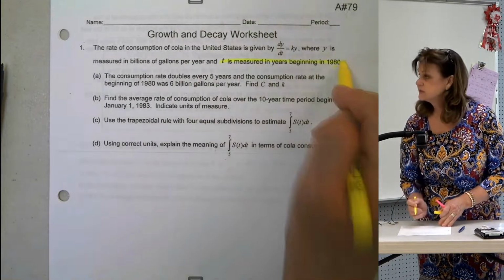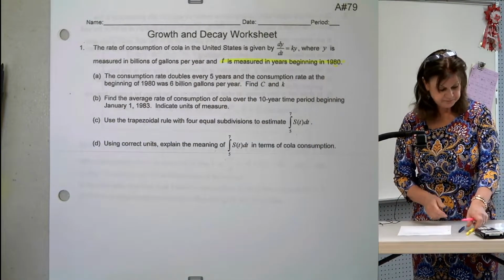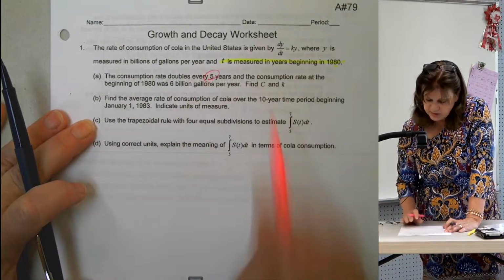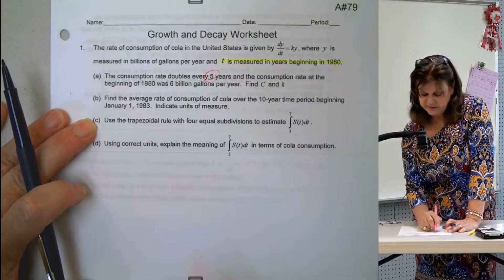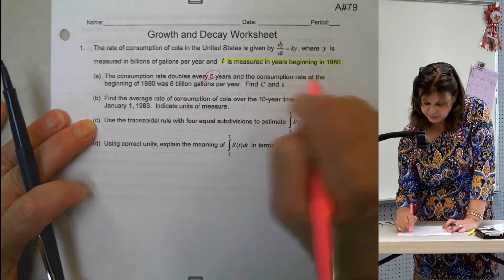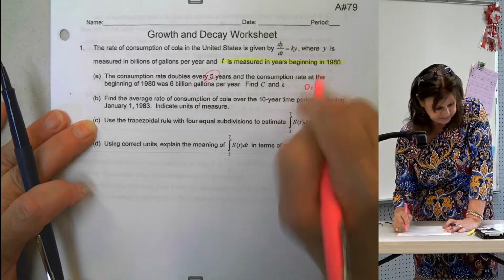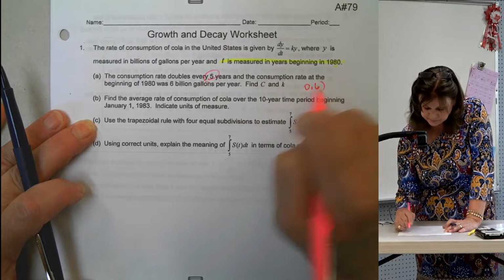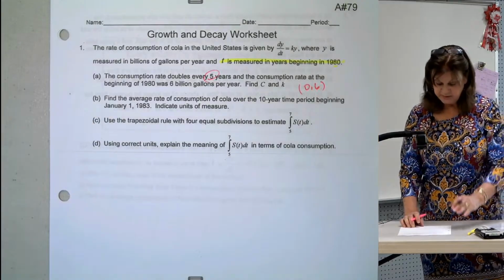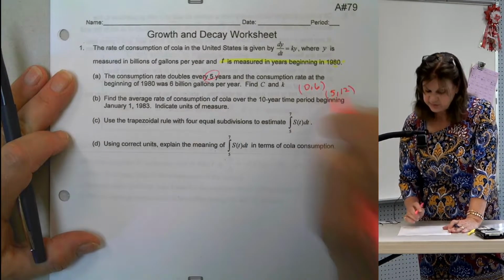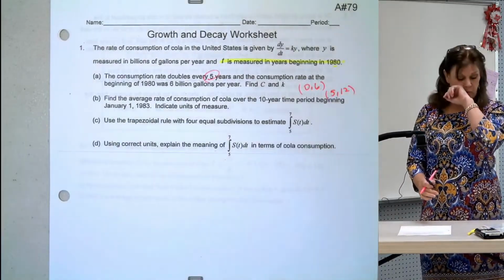This is going to be time 0 for our purposes. The consumption rate doubles every 5 years. And the consumption rate at the beginning of 1980 was 6 billion gallons per year. So at time 0, I was at 6 billion gallons, which means at time 5, I'll be at 12 billion if I'm doubling every 5 years.